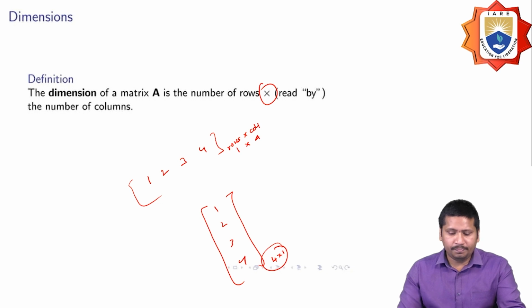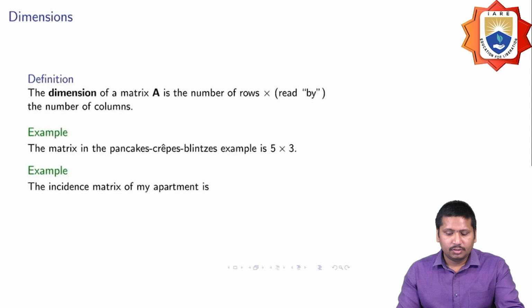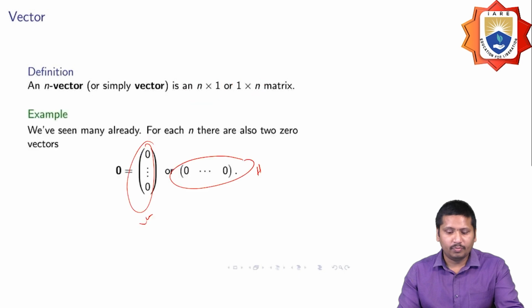What is the dimension? The dimension of a matrix is stated as the number of rows by columns, and a simple vector can be represented as an n by 1 or 1 by n matrix.